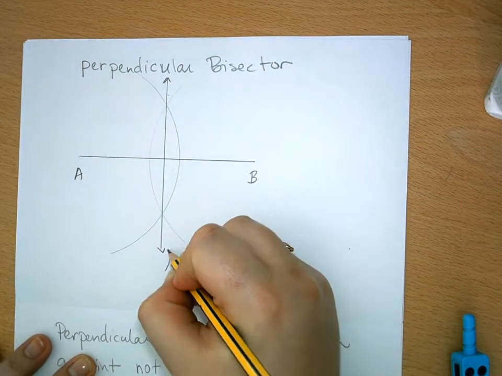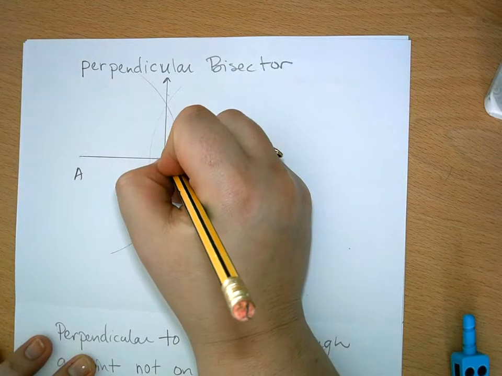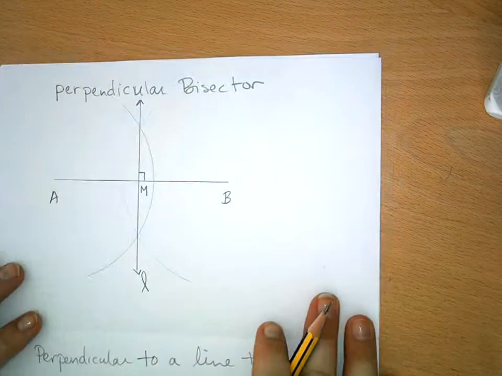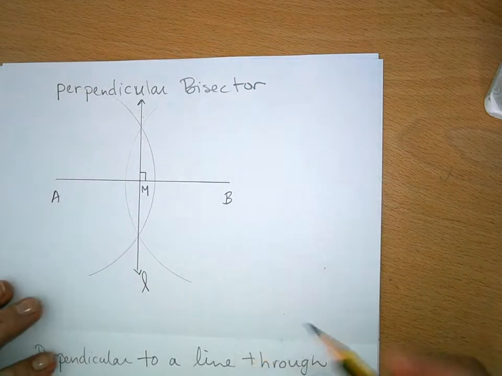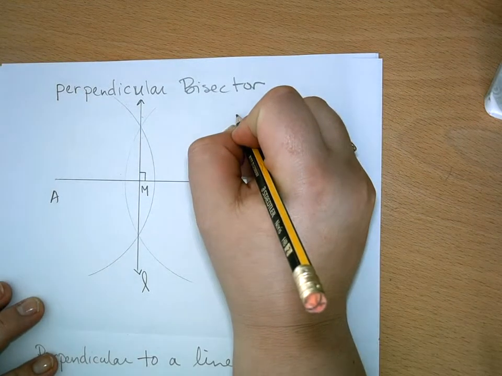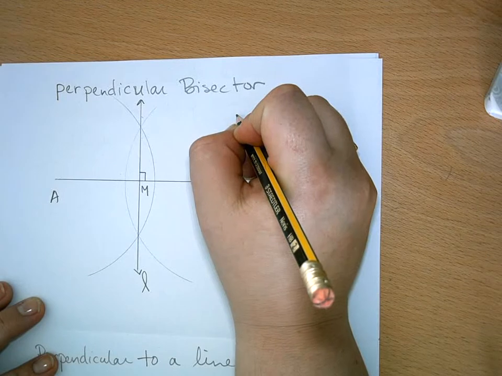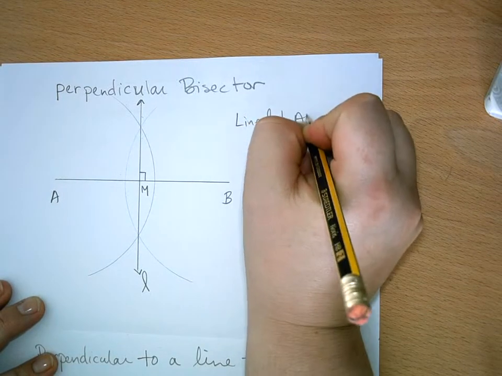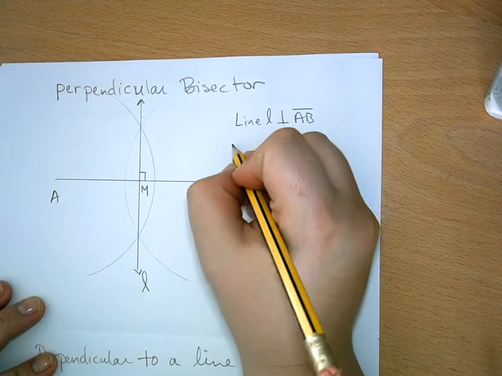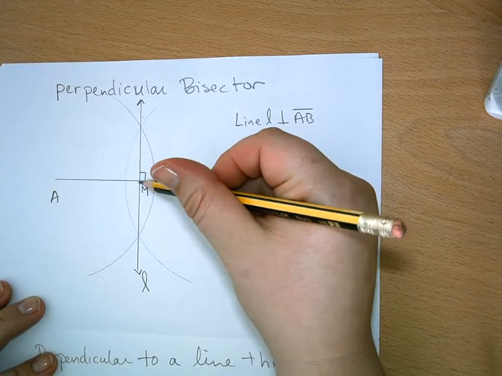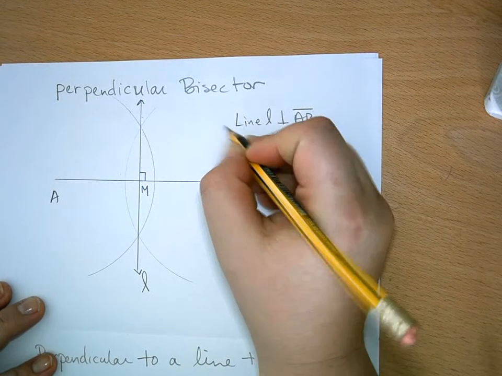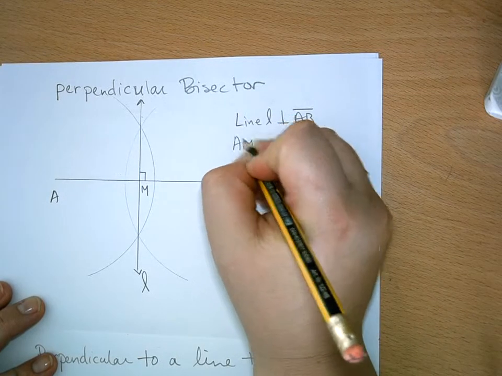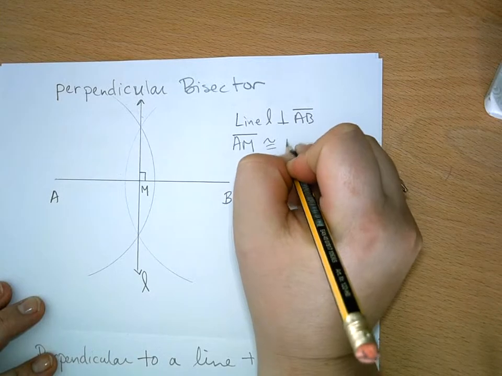So this is a line, let's call this line L, that passes through M. So just to define what we've done here, we've taken segment AB and we've made line L perpendicular to segment AB. We have also not only made the line perpendicular, but we've had it pass through the midpoint. We actually found that midpoint M, and so we know that AM is going to be congruent to MB.